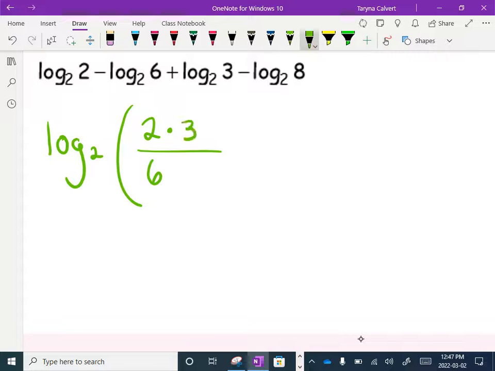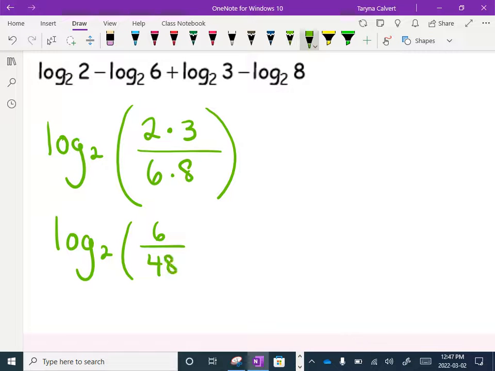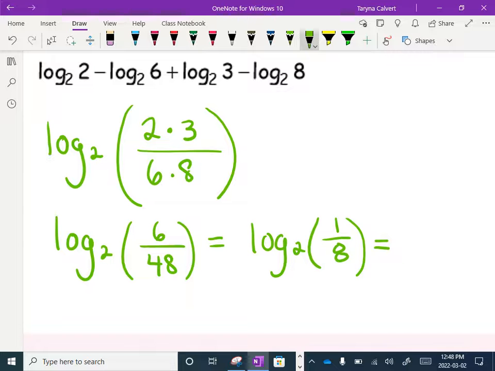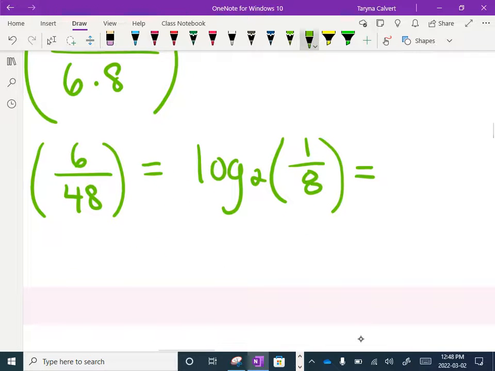Positive, negative. So that's going to give me 6 over 48. Which is 1 over 8. Which hopefully all you guys can tell me that evaluates to? Perfect.